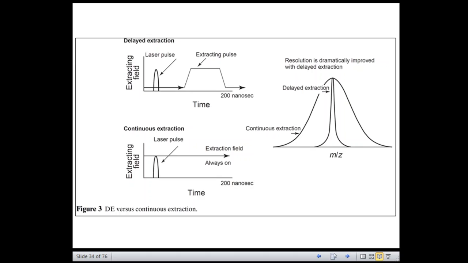What is this delayed extraction? You can see in the figure there are two kinds of extraction process shown. The first one is the delayed extraction. The second one is the continuous extraction, and the outcome is given in the form of a graph. We'll try to understand what it is all about.